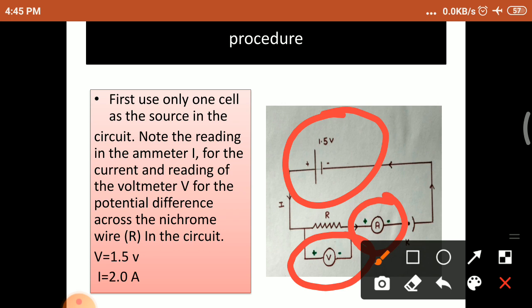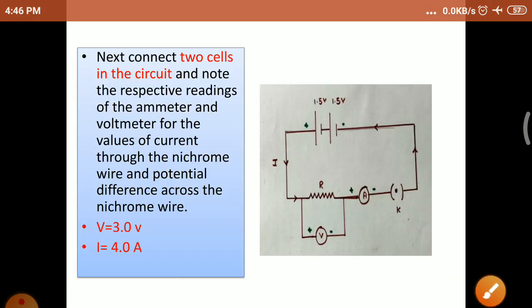For your understanding, V equal to 1.5 volt is correct because we connected only a 1.5 volt battery, but for the ammeter I took the value 2 ampere. The SI unit of current is ampere, so I wrote ampere. The SI unit of potential difference is volt, so 1.5 volt.